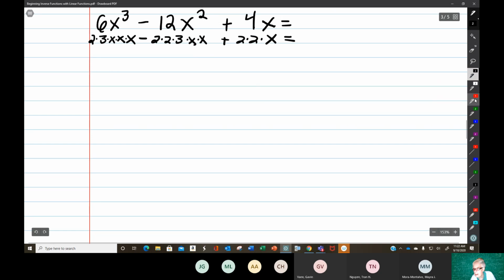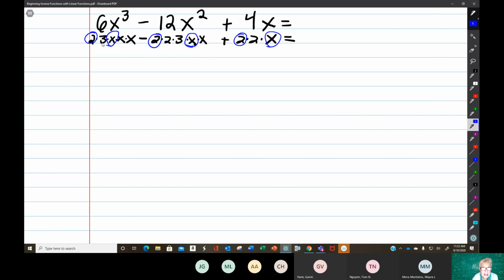All right, I'm going to do this in blue. I can see first that each of these terms has a 2. And each of these terms has at least one x. Here's one x, and here's one x, and here's one x. And is there any more?